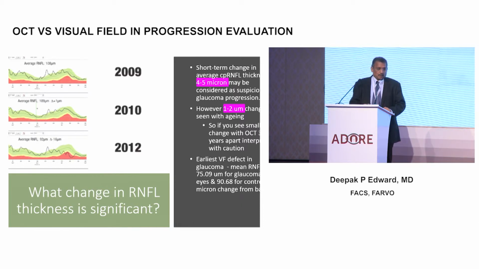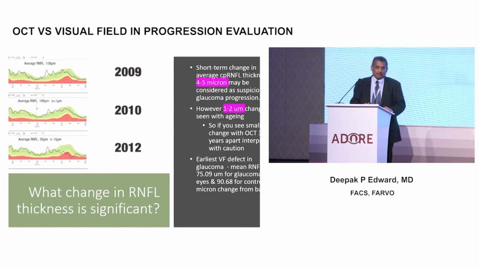If you look at the progression in the patient panel from 2009 to 2012, you can easily see how the inferior nerve fiber layer has thinned considerably over time. But what change is really significant? A number of studies have suggested that about a 4 to 5 micron change that happens over time is suspicious for glaucoma.